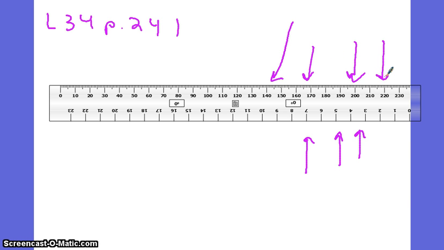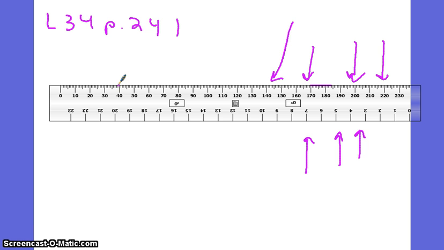Each of these 10 things is a centimeter apart. So if we divide each of those by 10, then we know these are centimeters. So this is 0 centimeters, 1 centimeter, 2, 3, 4, and so on. So we're going to talk about it that way.